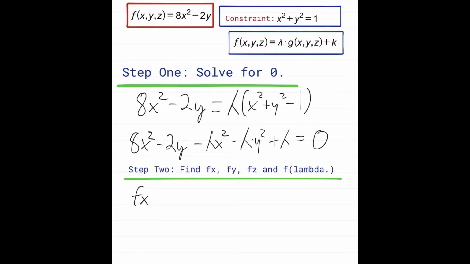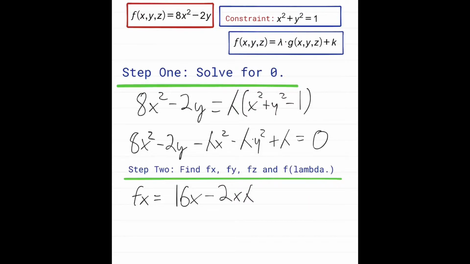For partial x, when we take the derivative of this multivariable function with respect to x, the negative 2y is treated as a constant, so its derivative is 0. However, the derivative of 8x squared is 16x. Minus 2x times lambda.